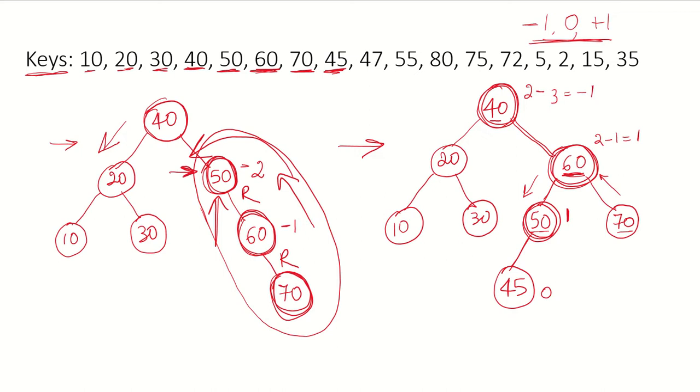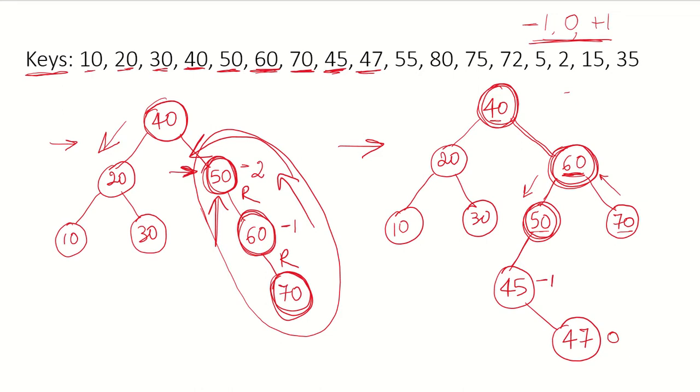So this is currently balanced, as the balance factor of each and every node over here is within the specified values. Next value is 47. 47 will come as the right child of this node 45. Now what will be the balance factors? This is having 0. This is having 0, minus 1, minus 1.